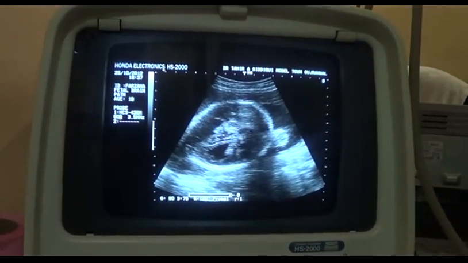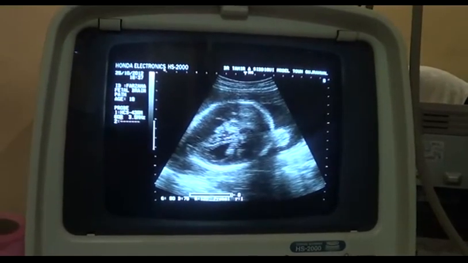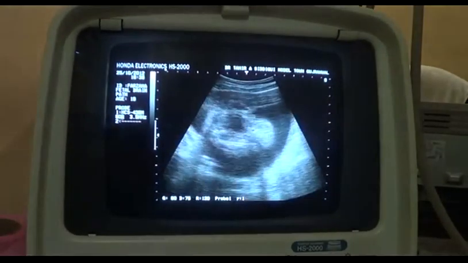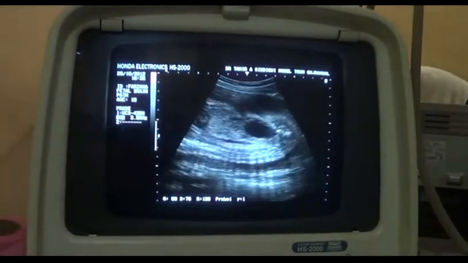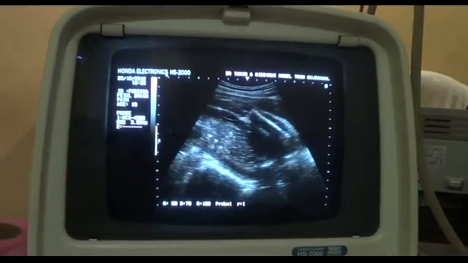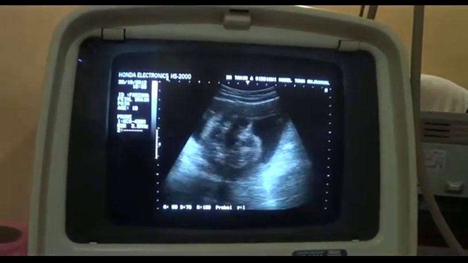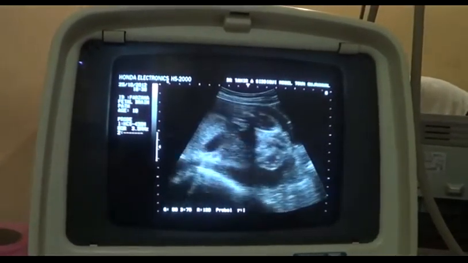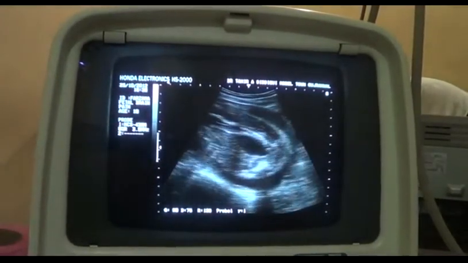Now I am going to see what is the gestational age. For that I will have to rely upon the femur length, as we cannot rely on the biparietal diameter because there is a pathology in the brain.